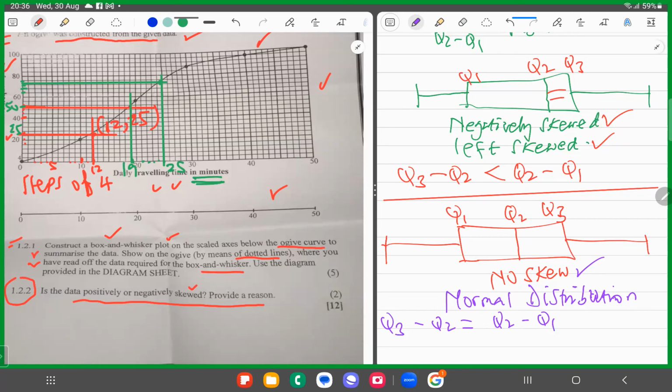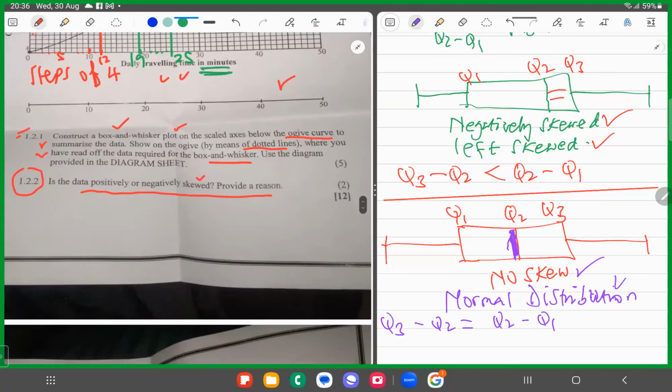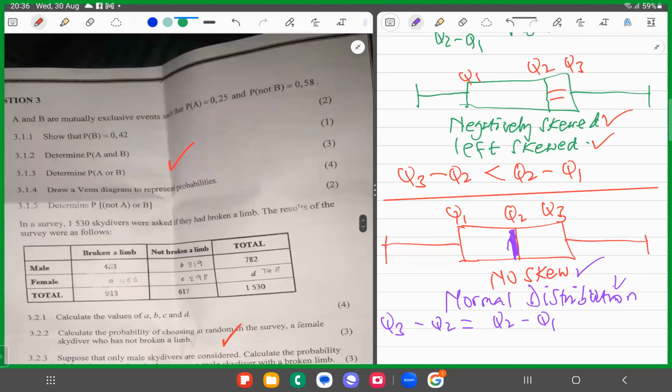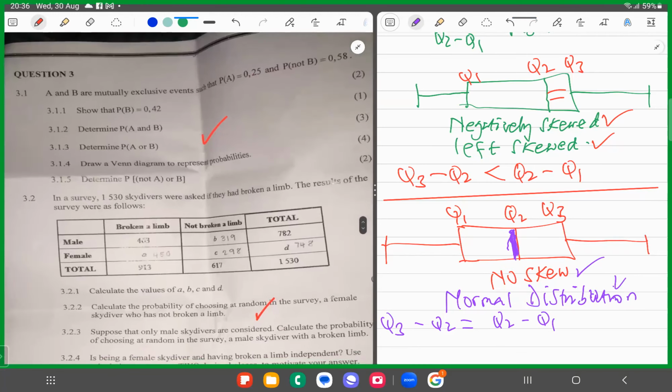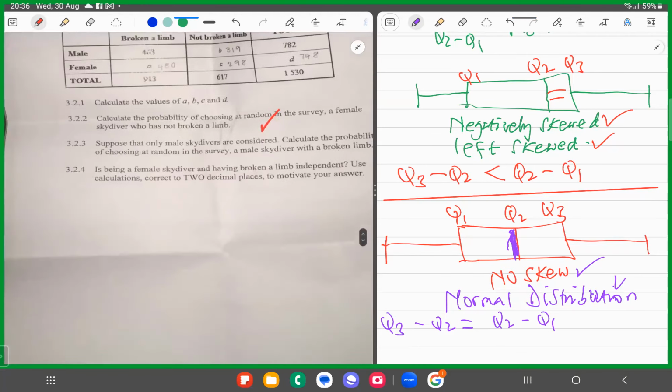So if this Q2 is in the middle, in the center, then Q3 minus Q2 becomes Q2 minus Q1, and then we have the normal distribution. This question we've already done.